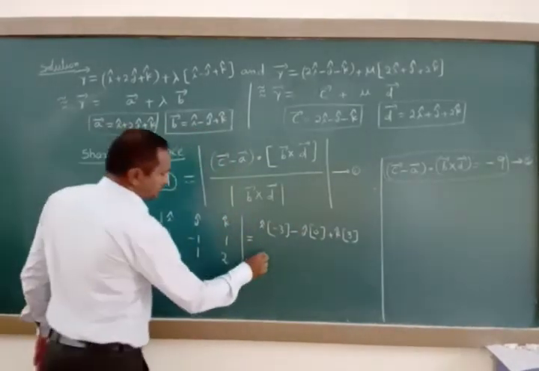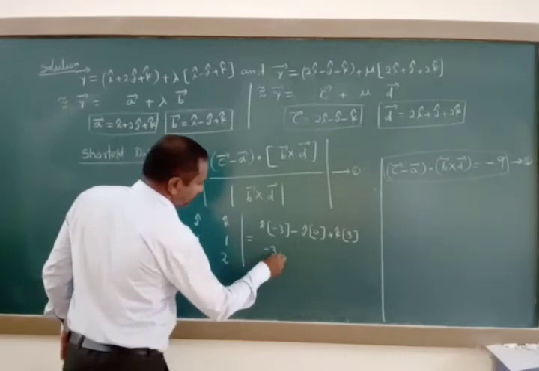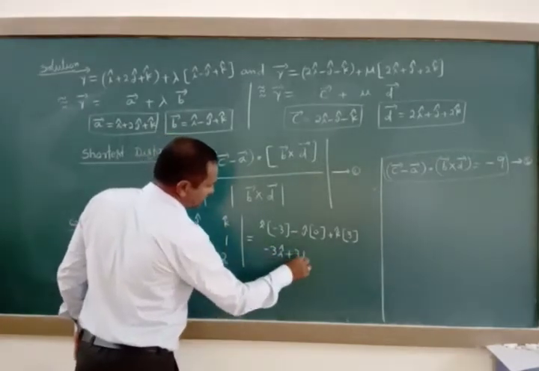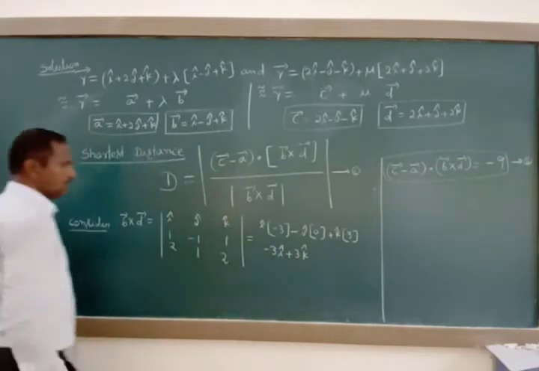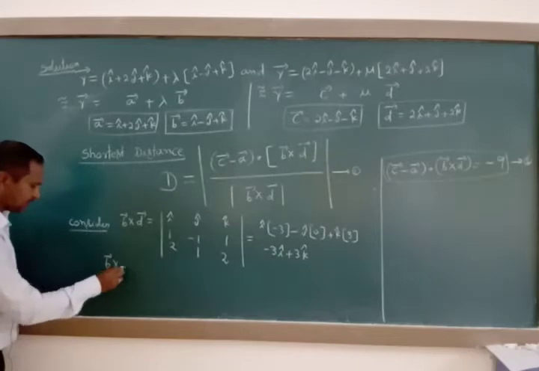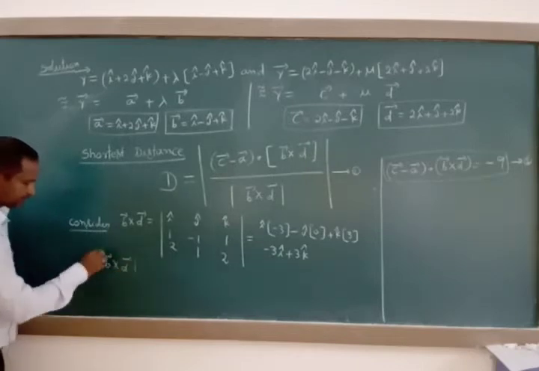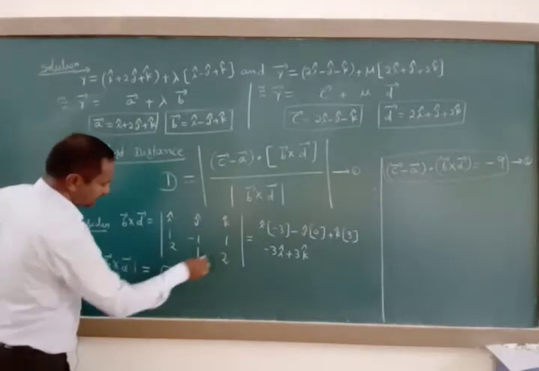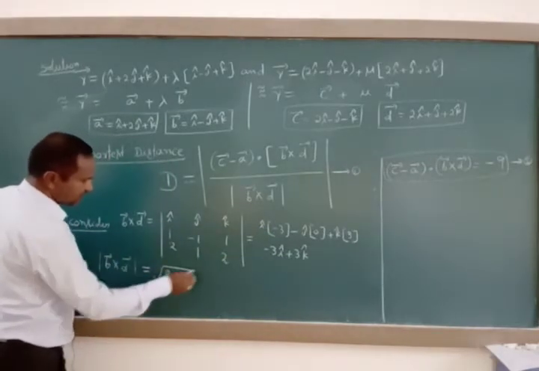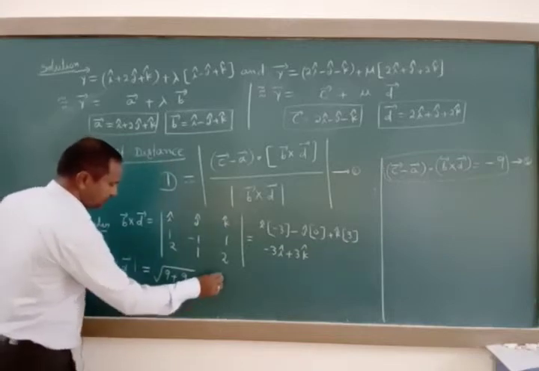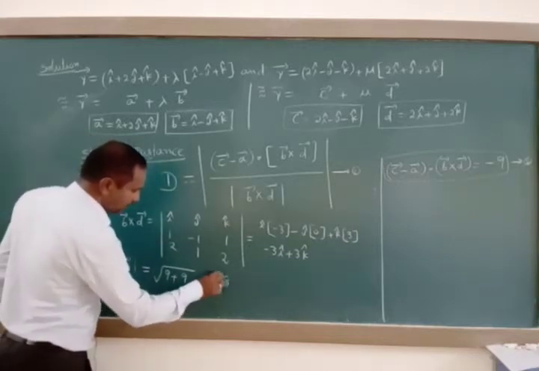That is minus 3i cap, 0 leave it, plus 3k cap. Then the magnitude of b vector cross d vector is equal to square root of minus 3 whole square, which is 9, plus 3 square, which is 9. Totally you are getting square root of 18.